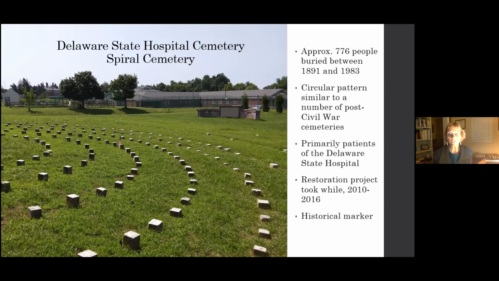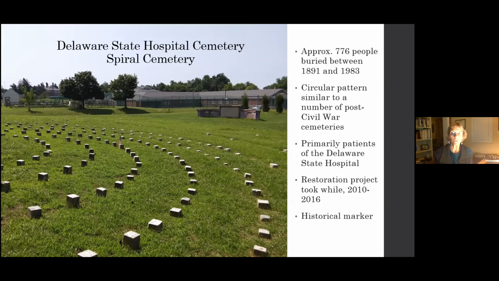But shortly after the time of the Civil War, circular cemeteries were popular. And this is a potter's field for former residents of the Delaware State Hospital. The name of this has gone through a number of changes. It was originally called the Delaware Hospital for the Insane. Then it was called the Delaware State Hospital.